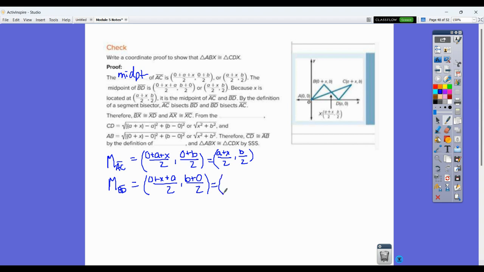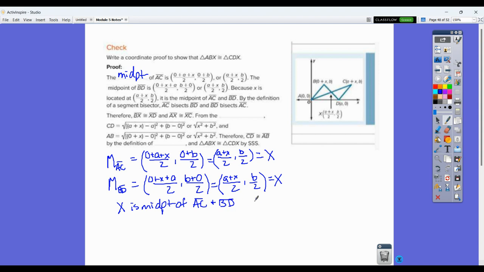I'm just going to choose the way I write this: 0 plus x plus a, I'm going to write as (a plus x) divided by 2, comma, b plus 0 divided by 2 is b divided by 2. So that's what we get there, okay? Because x is located at that point, so this is x, okay? Then that means that x is the midpoint of AC and BD.